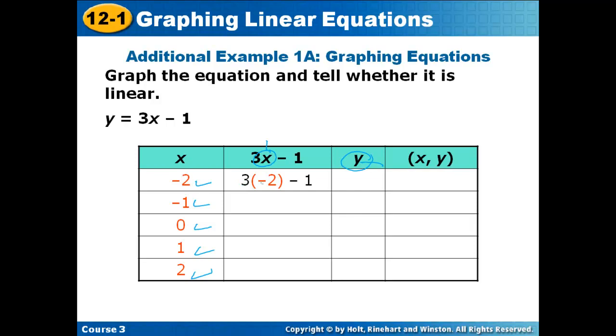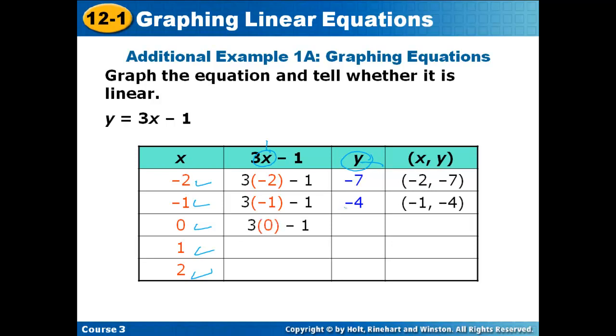So 3 multiplied by -2 is -6, and -6 minus 1 is -7. So our point will be (-2, -7). Next, I remove x and put -1. 3 multiplied by -1 is -3, minus 1 is -4. So our point will be (-1, -4).